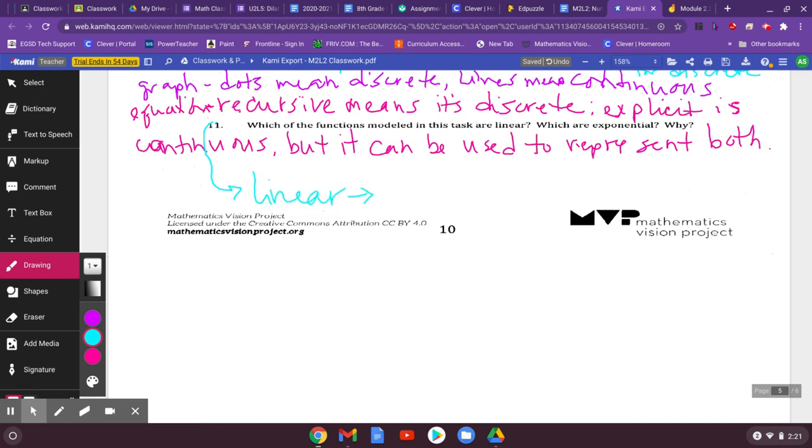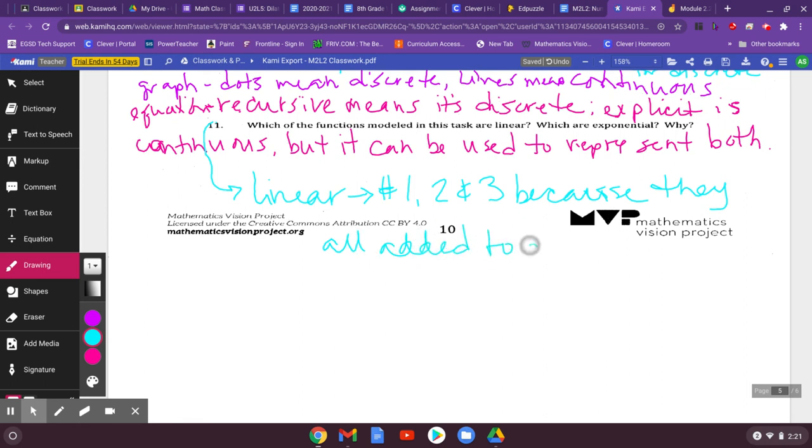If you look back to all of them we talked about, the ones that involved the book shelving, so numbers 1, 2, and 3 were linear because they all added to get the next number.